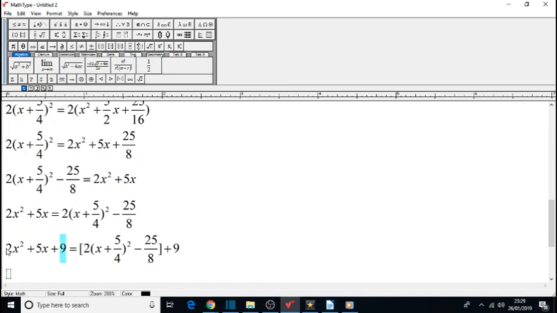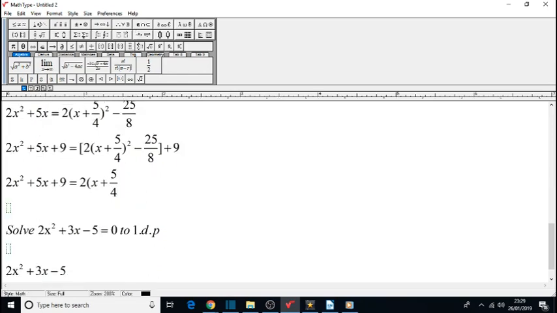So 2x squared plus 5x plus 9 is equal to 2(x + 5/4) squared, minus 25/8 plus 9, which is equal to positive 47 over 8.